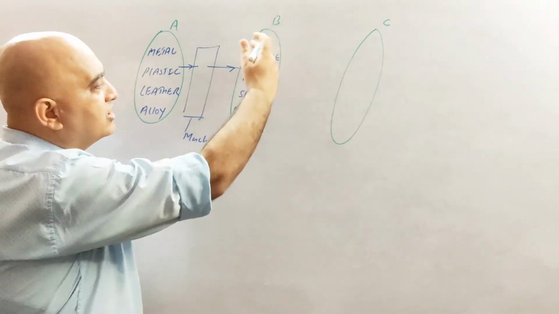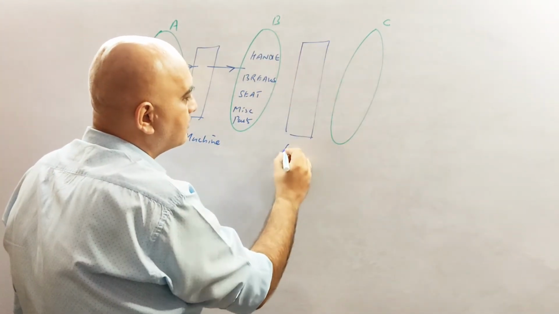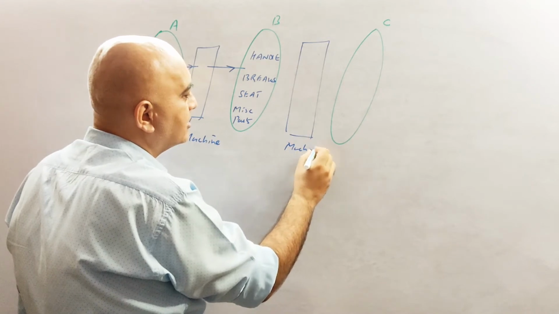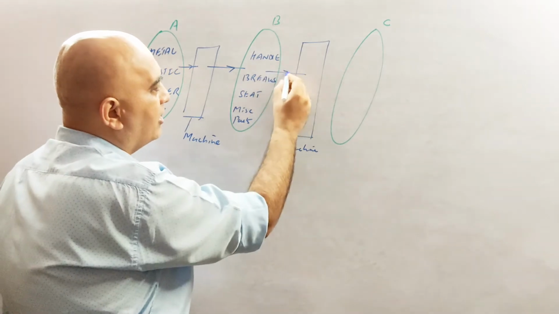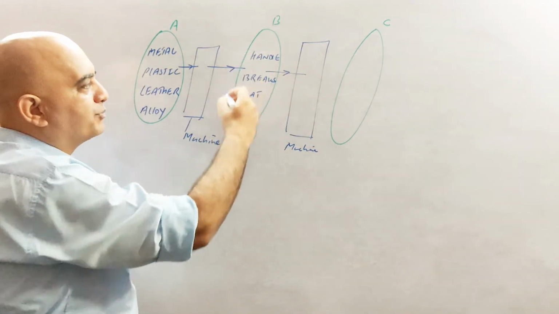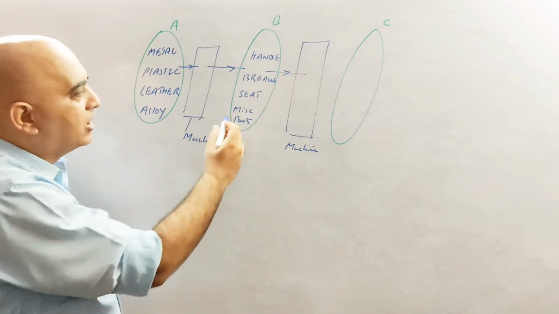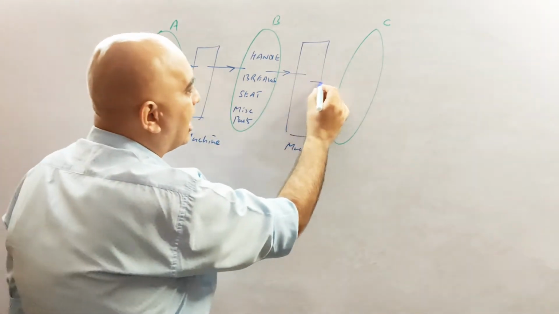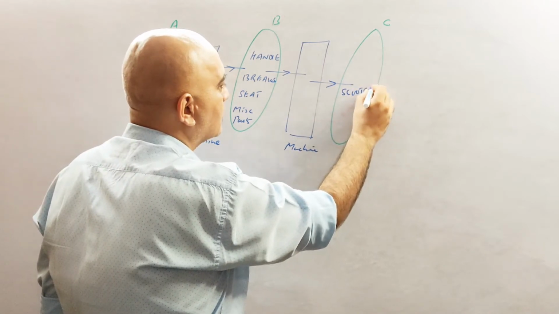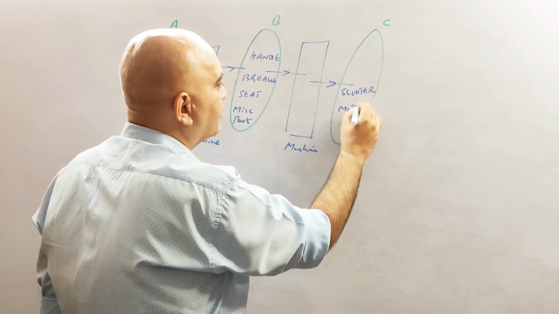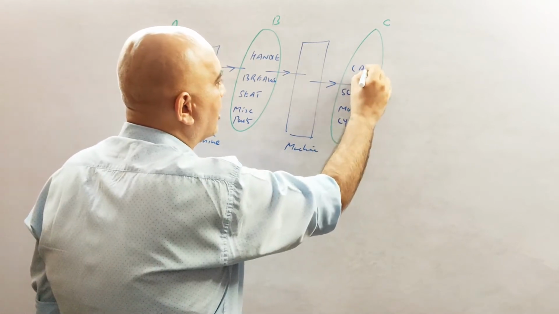After this, we use these output variables in another machine, and these are the input variables for this machine. When we put these inputs, handle, brakes, seat, and miscellaneous parts, into the second machine, the output will be a scooter or a motorcycle or a car.